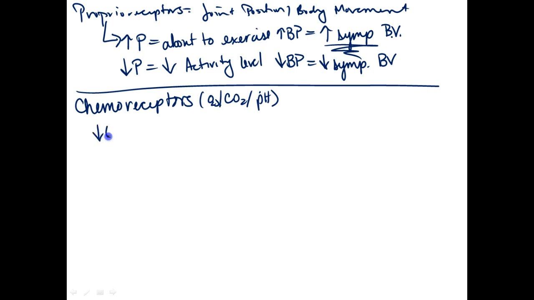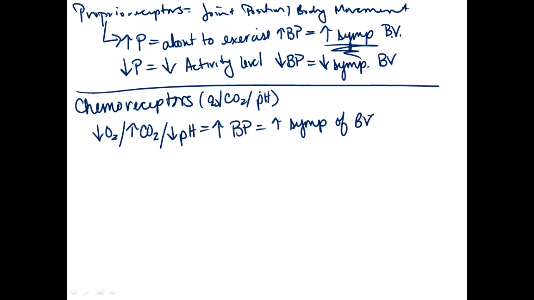First, if we have a drop in O2, which typically corresponds to an increase in CO2 and at the same time a drop in pH. Well, this means we need to get that blood flowing more quickly. We need to help get that blood to our tissues. So this is going to result in an increase in blood pressure and an increase in sympathetic stimulation of our blood vessels.